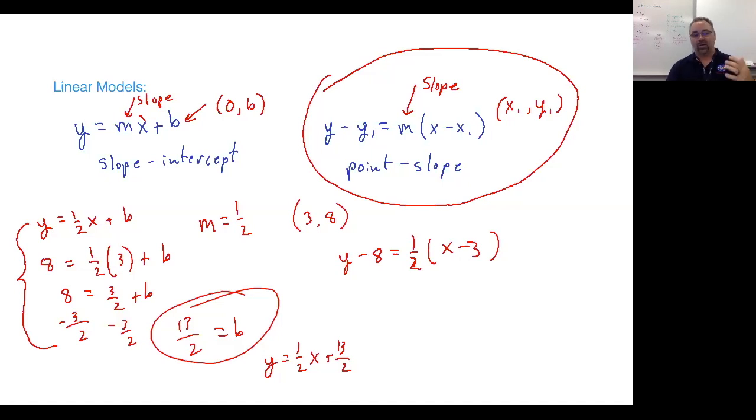It's just a momentary slip, and it can cost you a point on the AP exam. And believe me, you want all the points that you can possibly get. So just a reminder that there is more than one format for the equation of a line, and perhaps the linear model you would want to use is point-slope form instead of slope-intercept, so you don't create that opportunity for error.